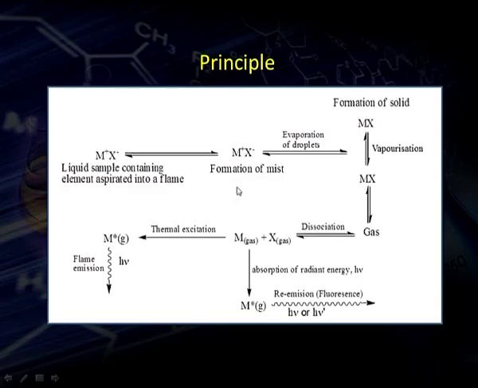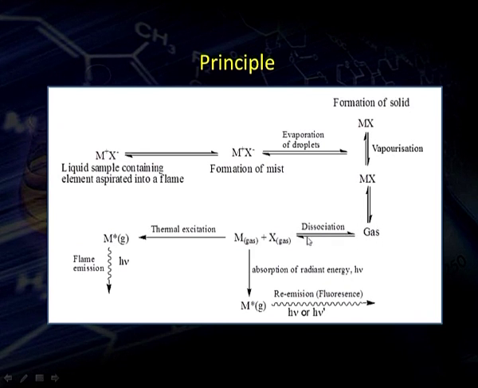So, coming on to the principle of flame photometry. We can see from this figure, we have liquid sample containing element is aspirated into the flame. We have MX. Now, this is converted into the mist. Now, this gets evaporated and the evaporation of droplets takes place. Now, on evaporation, a solid is formed which on further vaporization changes into gas.